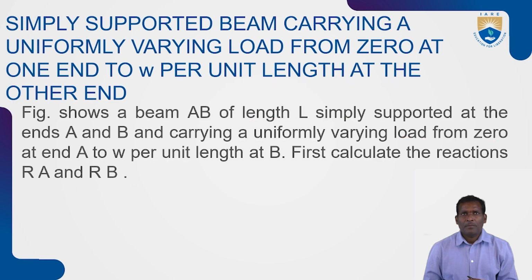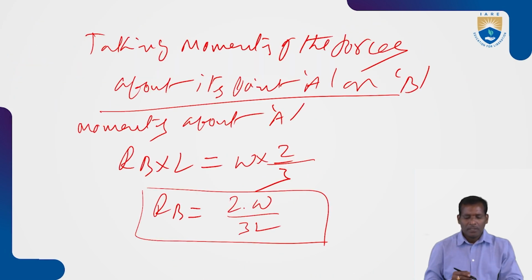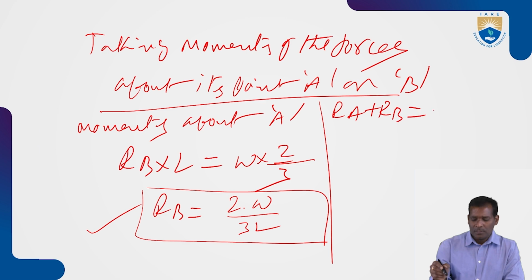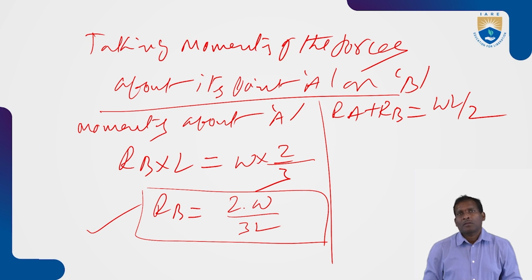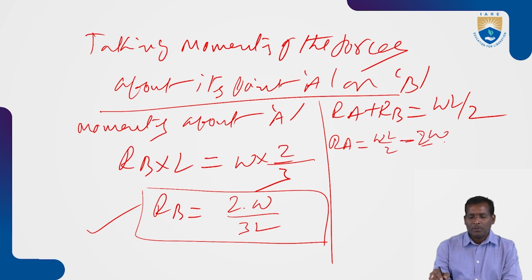So RA is equal to WL by 2 minus 2WL by 3L.